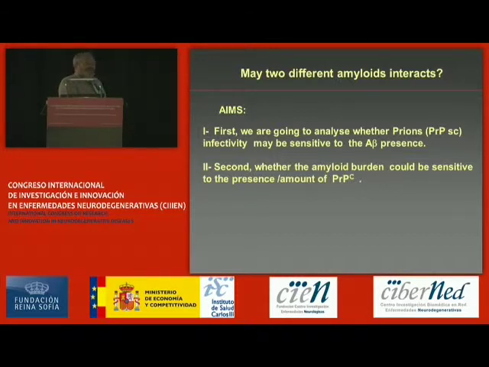If amyloids share similarities in the polymerization process, can the infection by prions be modified by different levels of amyloid deposits in the brain of a mouse? The second question was the opposite: may amyloid accumulation be modified by, or be sensitive to, the presence of PrP-C in the neuronal brain?